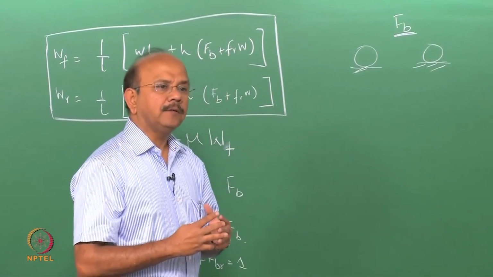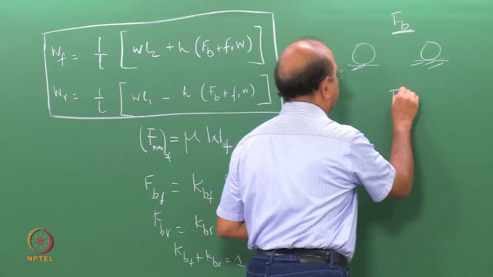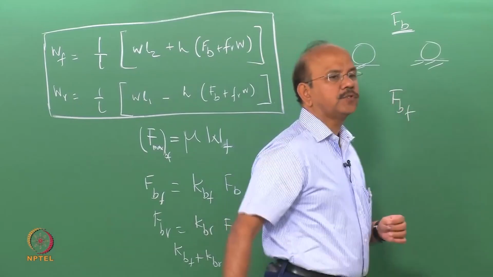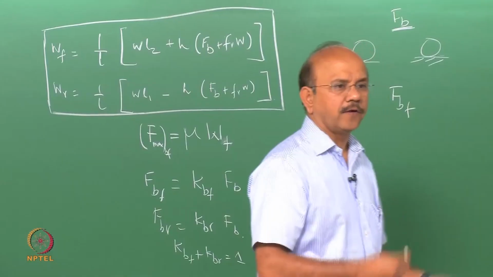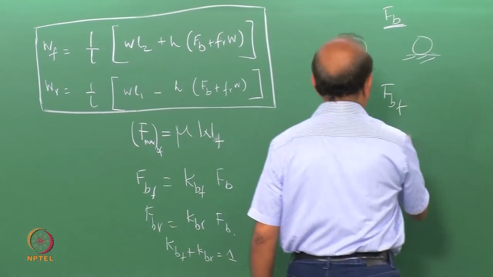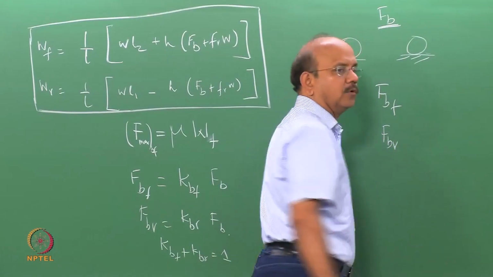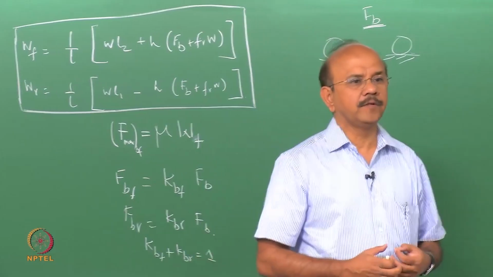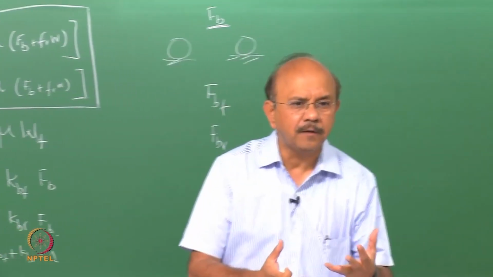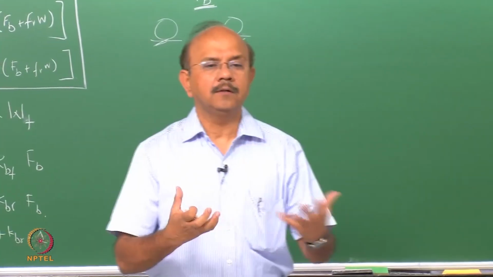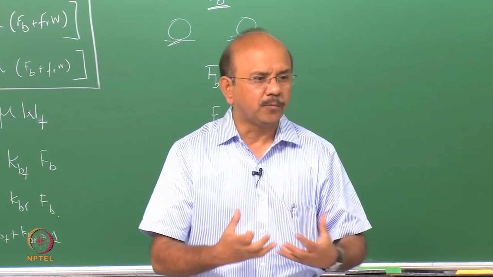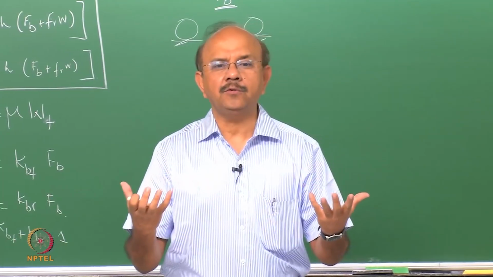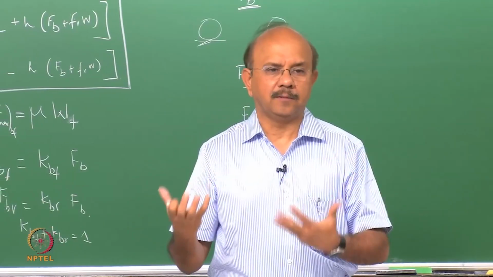When would this happen? When you distribute the braking force, whether the front braking force or the rear braking force, in such a fashion that it is proportional to when it will lock. When will it lock? When it reaches mu WF. So how would you distribute both of them? Proportional to WF and WR.